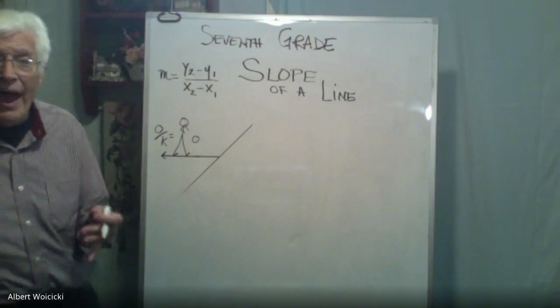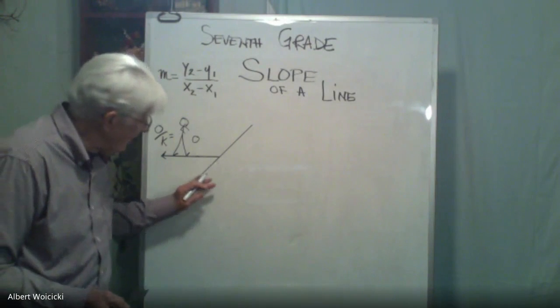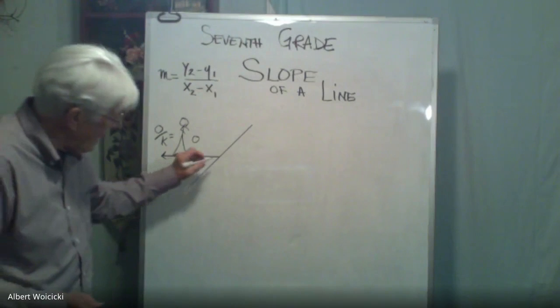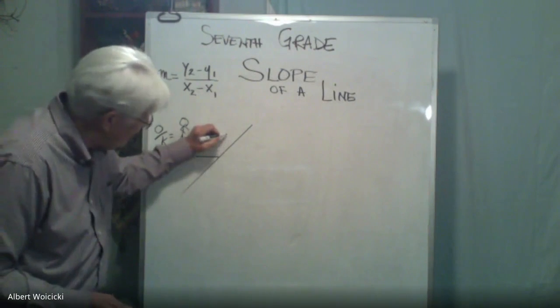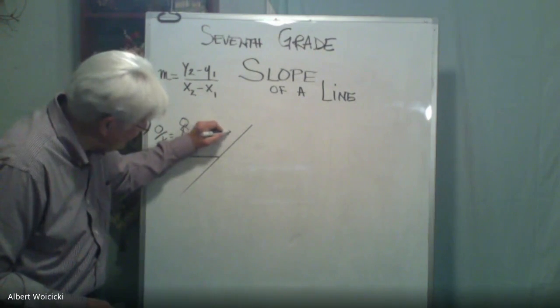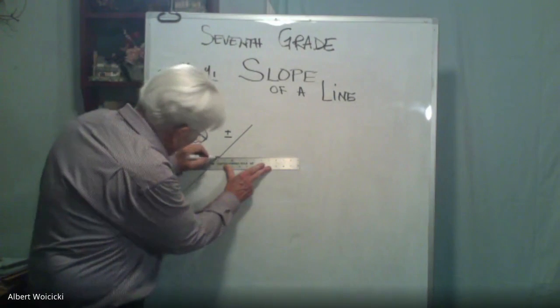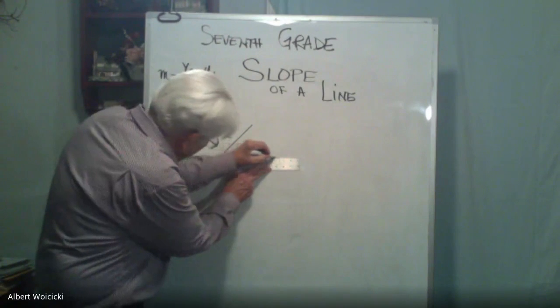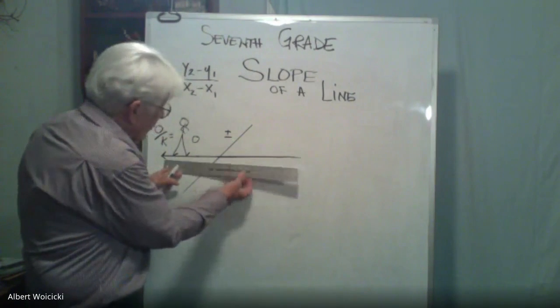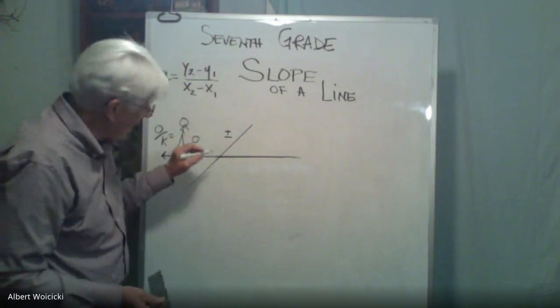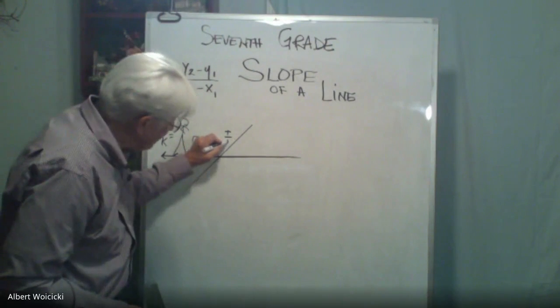But now what happens when I get going this way? Now my y value is a positive value because I'm going up. Maxie is still chugging up the hill. He's still going this way, but he's climbed the hill, and it's positive for Maxie.